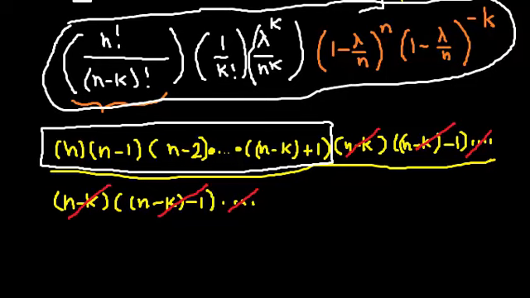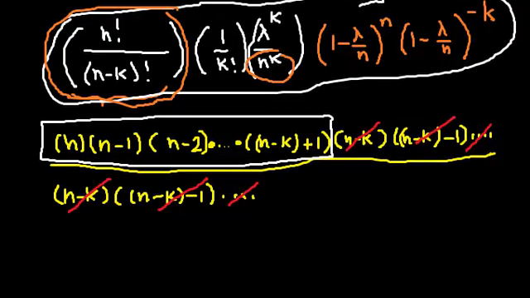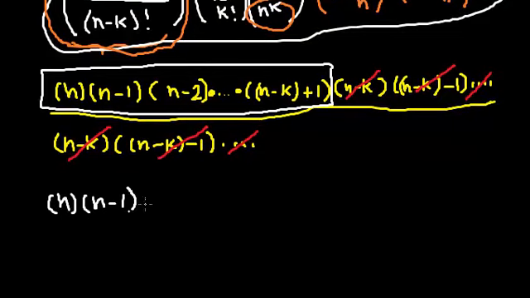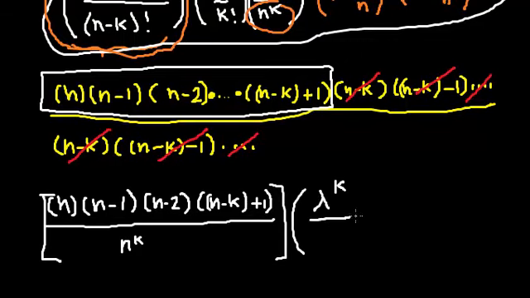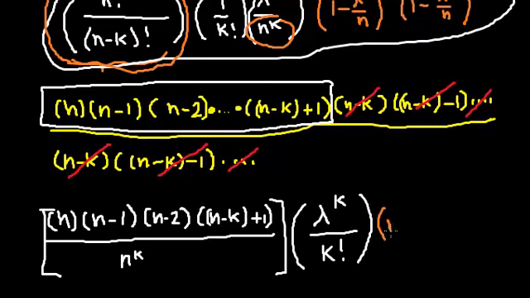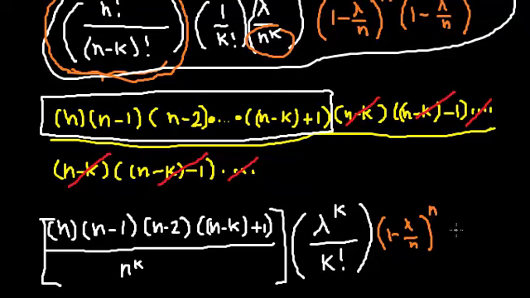We can further simplify this and combine it with this and get an expression which is equivalent to n times n minus 1 times n minus 2 times n minus k plus 1, all over n k, and all of this multiplied by lambda k all over k factorial, and the other guys which are left behind: 1 minus lambda over n raised to n and 1 minus lambda over n raised to minus k.